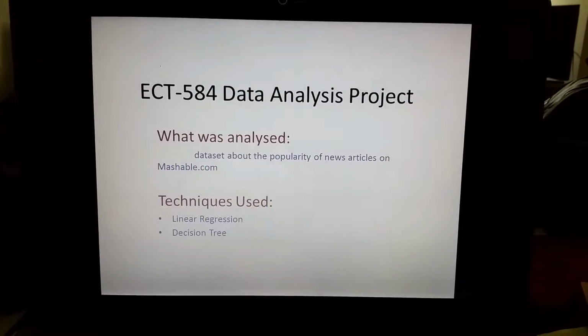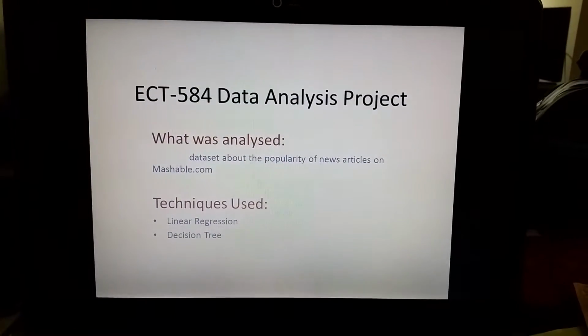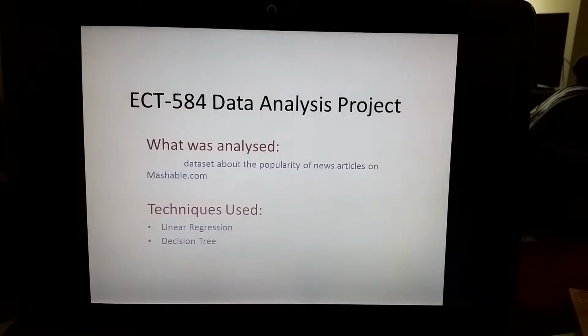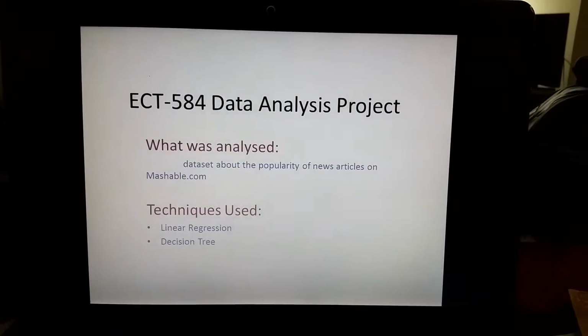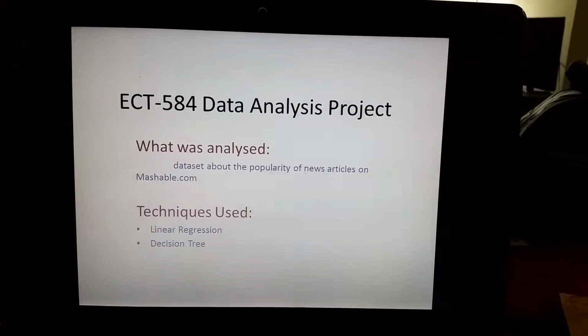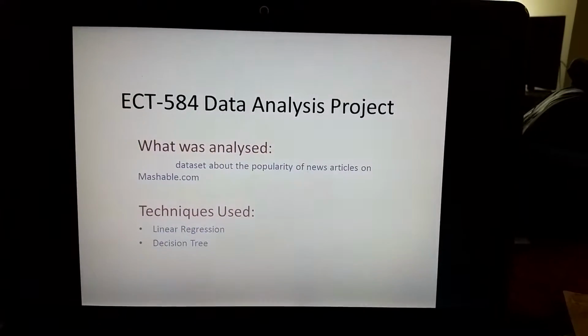My name is Shrestha Kulkarni and I am a DL student for this course, and for my project I have attempted to do data analysis on a data set about the popularity of news articles at Mashable.com.